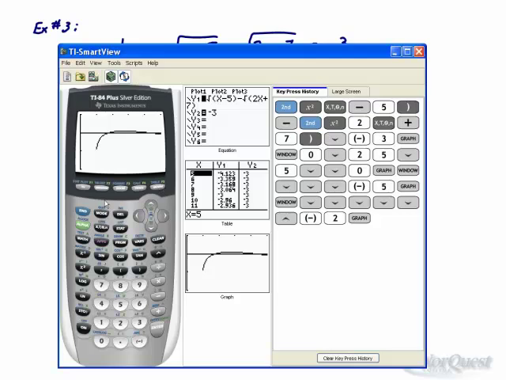Now I'm going to go find my points of intersection. You do this a little bit differently. When you find intersection, remember you're not looking for zeros, but it's still the same location. Second function trace to bring up the calculate menu, but choose option 5. This is actually an easier option to use because you don't need to set left and right boundaries.